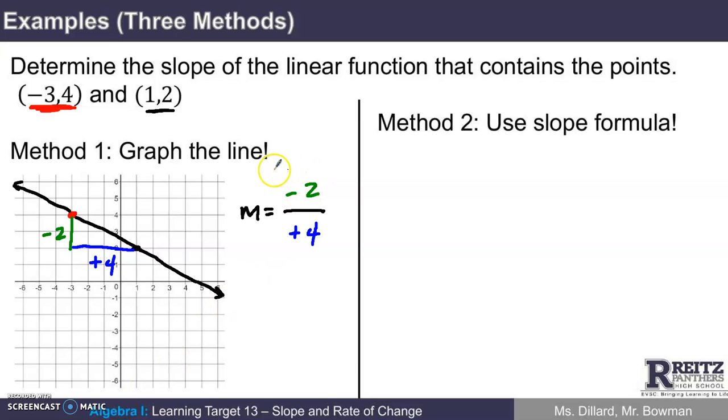To get the actual slope, I can simplify this. A negative divided by a positive makes the slope itself negative, and 2/4, I can divide both by 2 and reduce that fraction to 1/2. Our slope is -1/2 here.